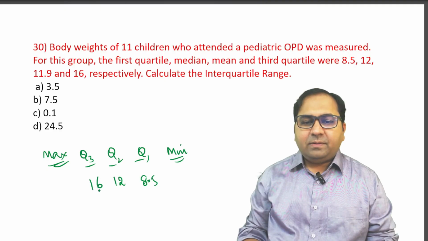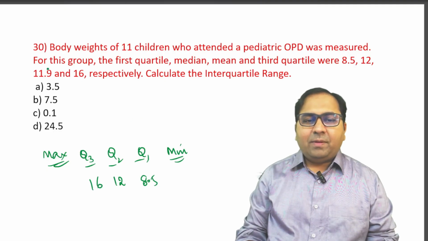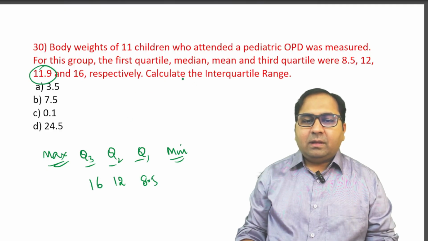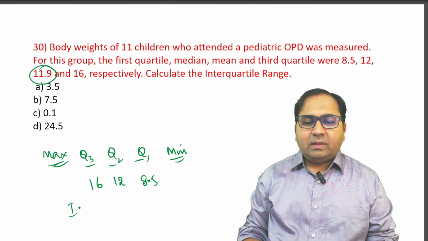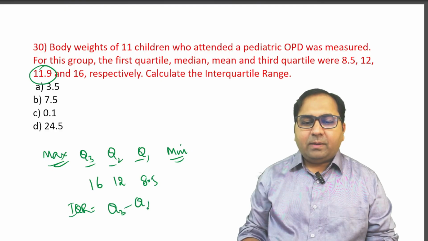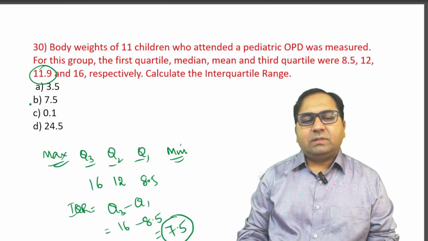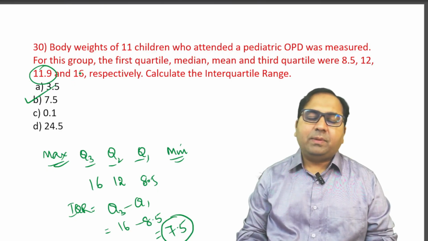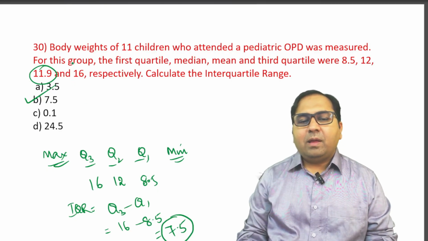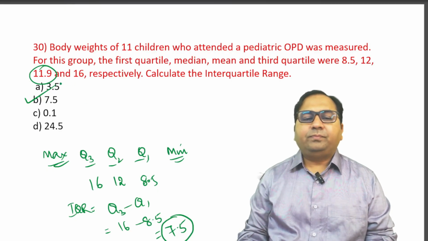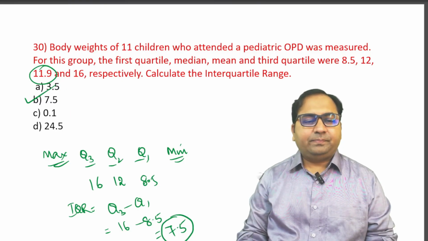Third quartile is 16. Mean is 11.9. So calculate the interquartile range. The interquartile range is given by the formula Q3 minus Q1, which is equal to 16 minus 8.5, which is equal to 7.5. So the answer for this question is B, 7.5. Please remember this point. This is how you have to calculate. By giving the mean, they have tried to confuse us.